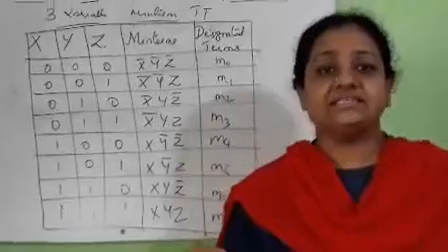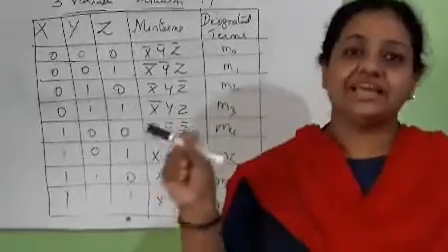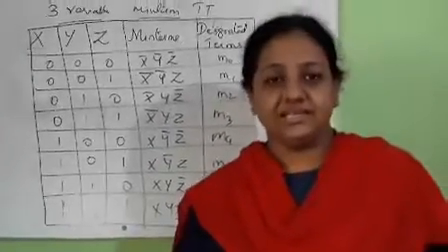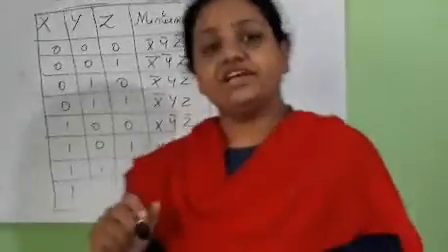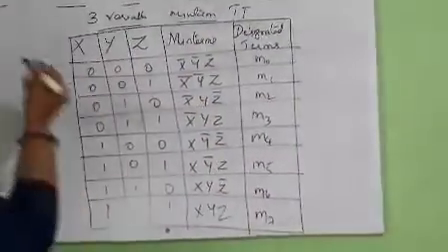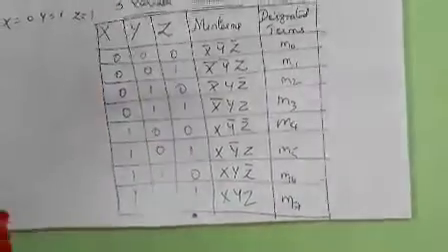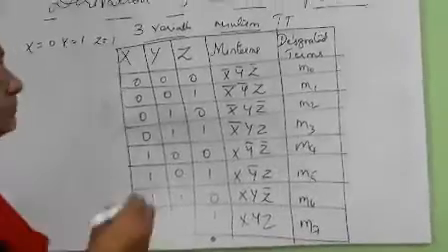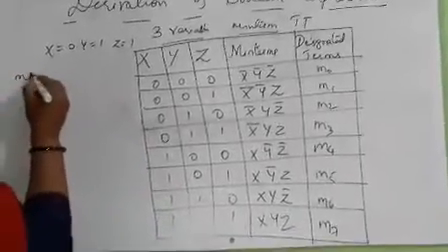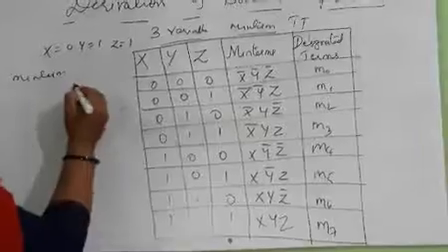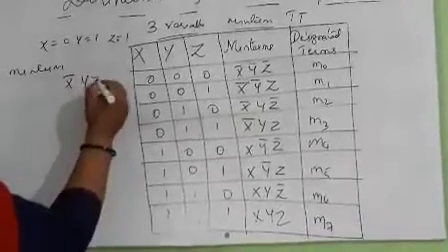So, imagine we want to write a designated term for one particular expression. Let's see how we can do that. Say for example, x is equal to 0, y is equal to 1 and z is equal to 1. The minterm expression for the same will be x bar, y and z.